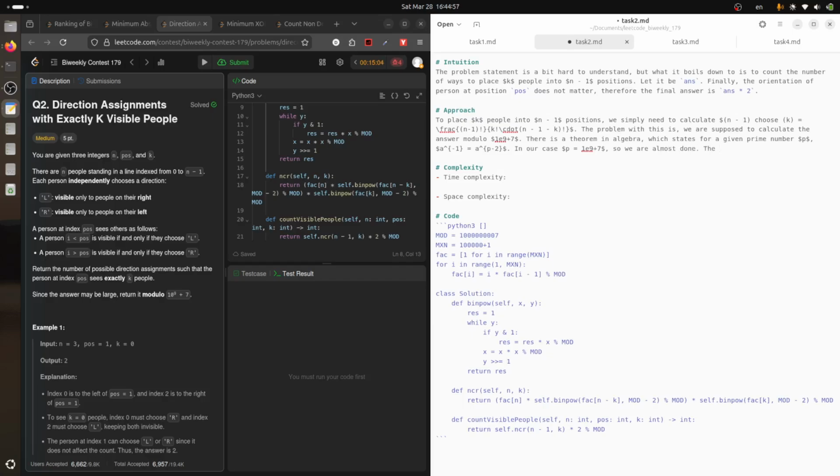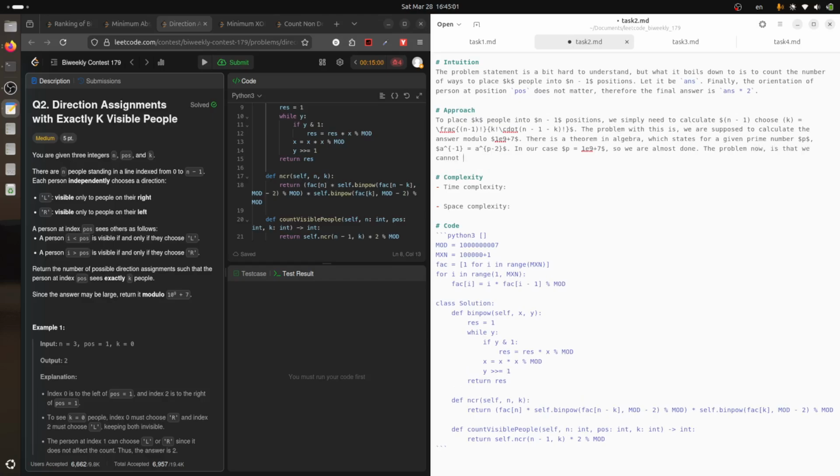The problem now is that we are given a prime number and an integer a, with 0 less than a less than p.